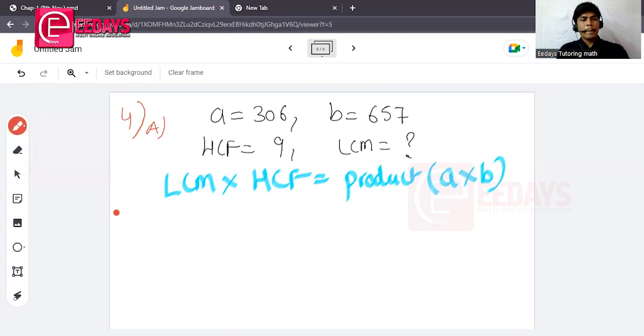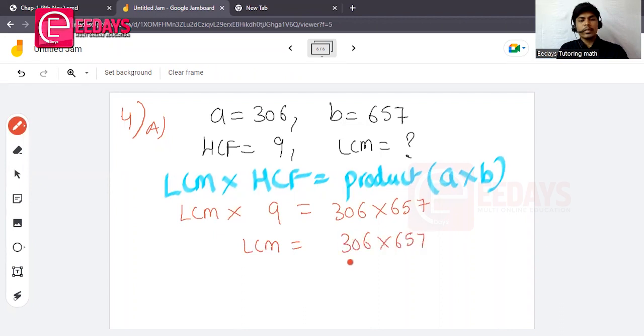Let's substitute. The LCM we need to find. The HCF is already given as 9. The product of the two numbers is 306 into 657. So we transfer 9 to the other side. It becomes 306 into 657 by 9.